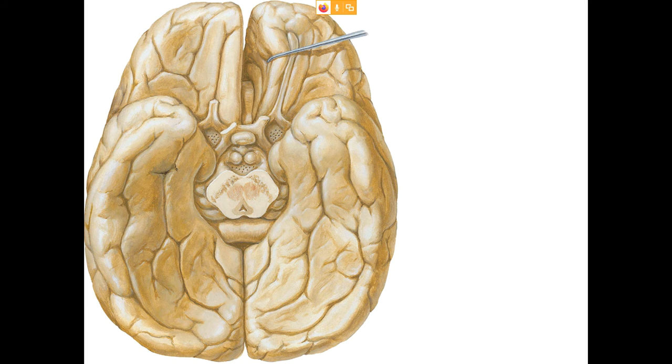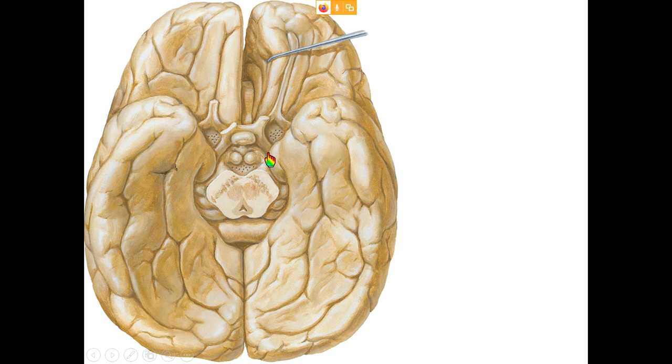So here we are just looking at the brain from inferior view. Here you can identify the stem of the lateral sulcus, or the other name for this is the Sylvian fissure. So at the inferior surface of the cerebrum, we can identify the stem of the Sylvian fissure or the stem of the lateral sulcus.